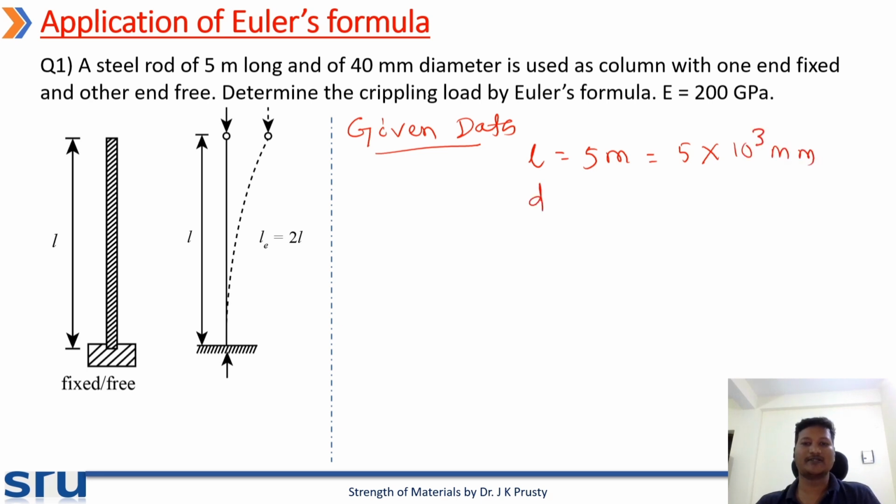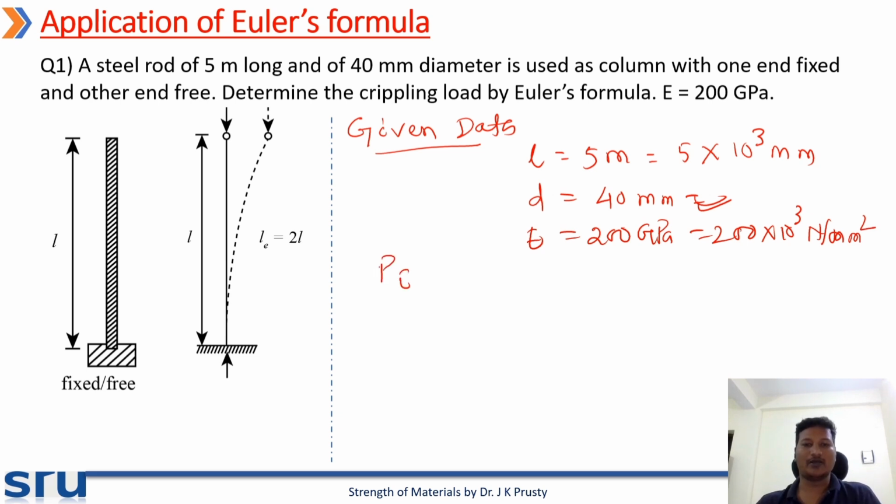So what else is given? D is equal to 40 mm. That is the unit, so let's just consider 40. What other values are given? E is given as 200 gigapascal. It is 200 into 10 to the power 3 Newton per mm square.